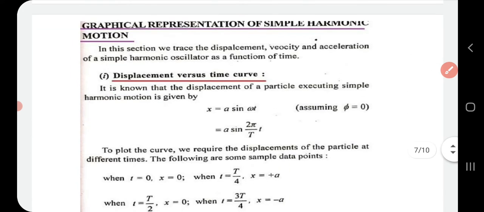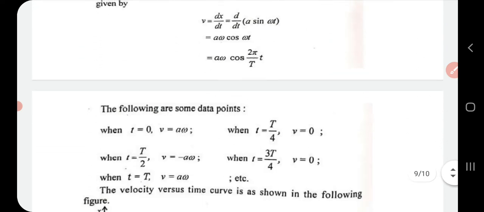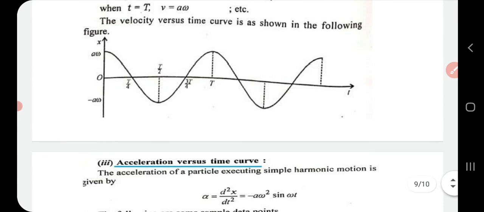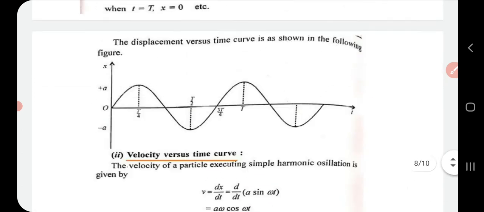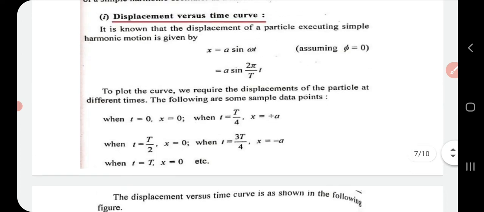Now this is some graphical representation, that is displacement versus time, then velocity versus time and acceleration versus time. They will specify the question, that is, explain and draw the diagram for acceleration versus time, or they will ask explain and draw the curve for displacement versus time, like that.